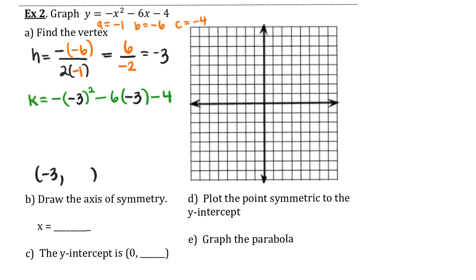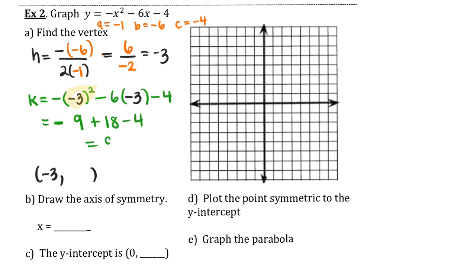Okay, and then you're going to be really careful with your signs. I'm still doing the exponent first. The exponent is only applying to the parentheses, so I'm doing this part first. Equals, I'm going to bring down the negative. If I do the exponent, I'm squaring the negative 3 because it's in parentheses. If I do negative 3 times negative 3, I get a positive 9. Negative 6 times negative 3 is positive 18 minus 4.